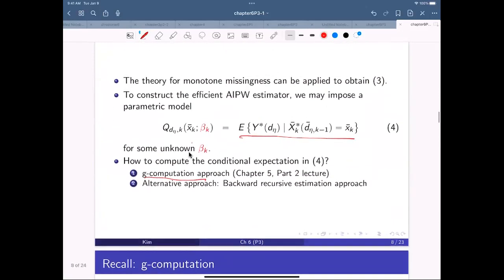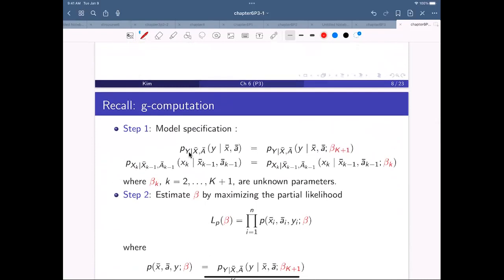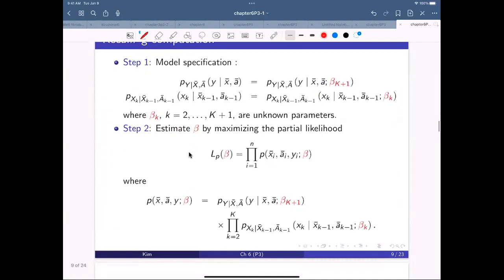Here are potential outcomes under the particular choice of D, but the options are all basically 0, 1. So as long as you observe the data from that particular path of choices, you can estimate them by maximizing the partial likelihood.